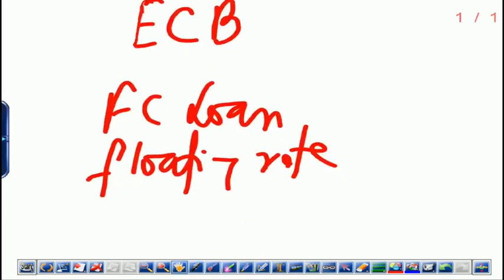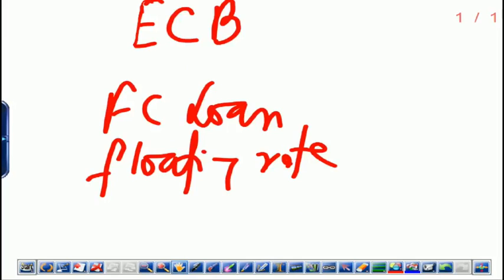So when I say floating rate, obviously Libor or something shall be the benchmark. And usually there is a syndicate of banks which provide this loan. So they charge a number of charges like underwriting fees, guarantee fees, and so on.